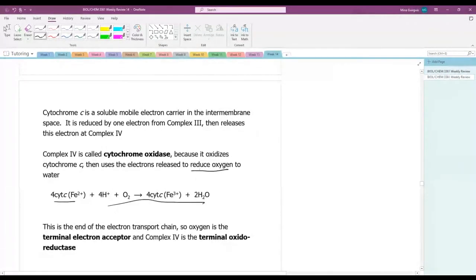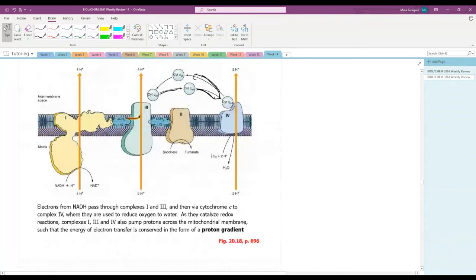So this is the overall reaction that takes place, but there's one thing that's really interesting to note here. The first is that, I apologize, I lost my train of thought. So the first is that your cytochrome C is on the intermembrane space side, and your oxygen is on the mitochondrial matrix side of the membrane. In other words, they're on different sides.